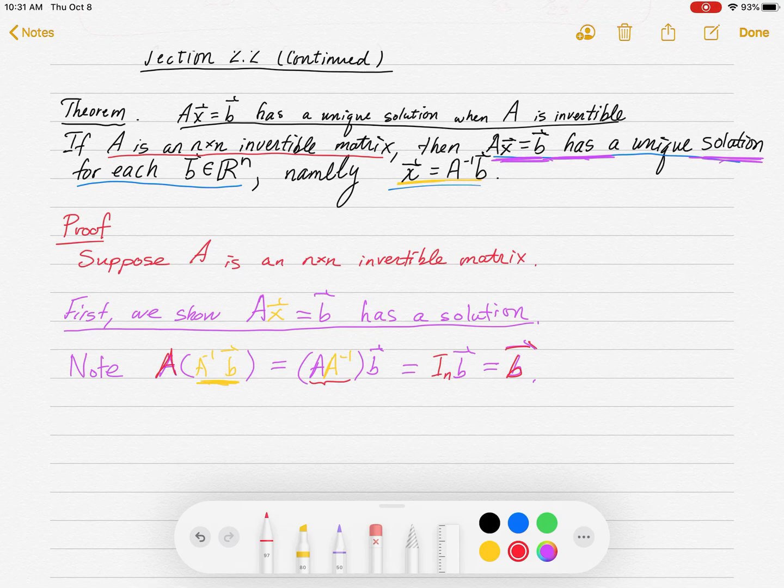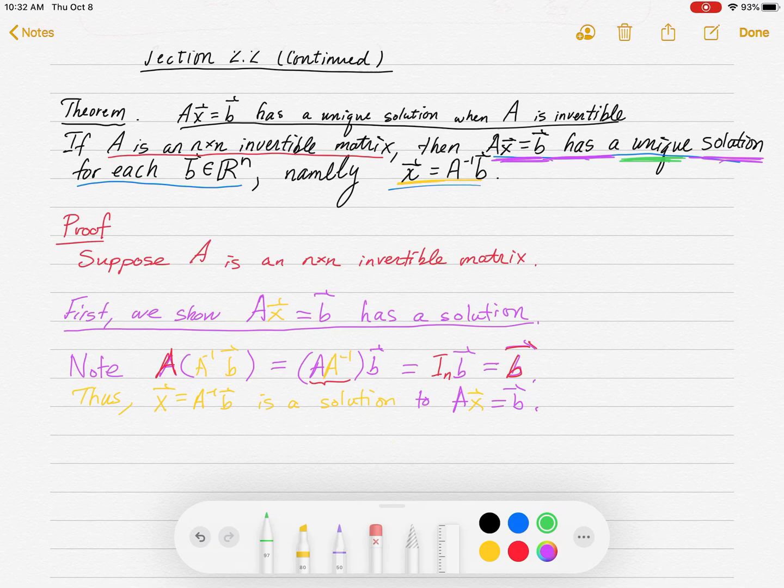So notice back here, we plugged in A inverse B, and over here the output is B, right? So we have A times that gives us the B. So that means, thus, X equals A inverse B is a solution to the equation A times X equals B. Right?